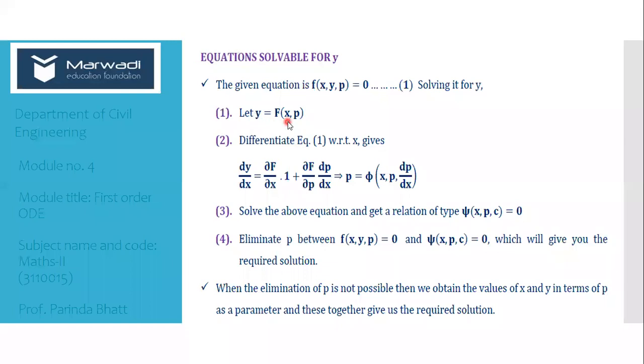Let y equal to f of x comma p. Differentiate the equation. Listen everyone, regarding yesterday's question, first you solve the lecture session questions, the 4 to 5 questions we solve in the lecture session.